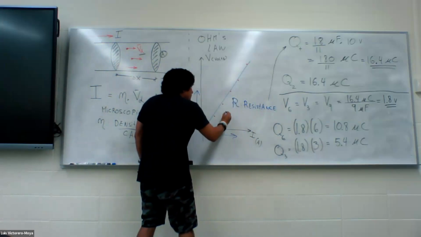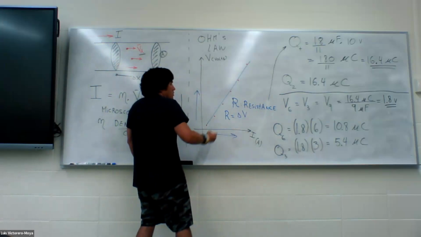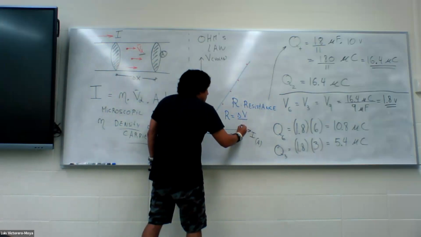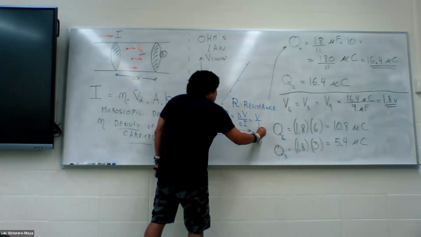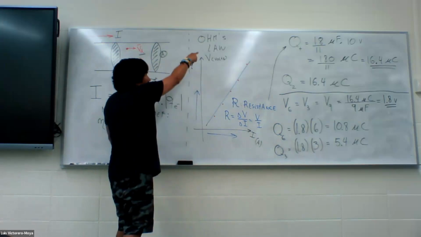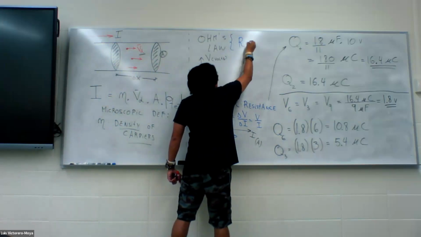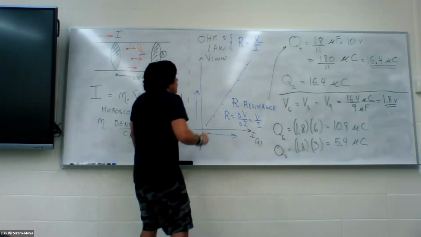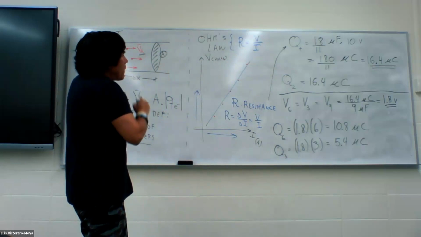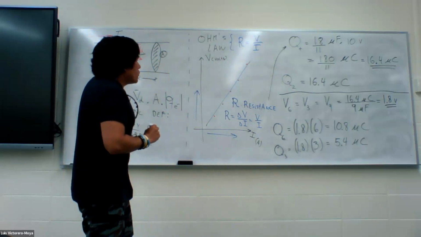The resistance is defined as the change of voltage, or V, divided by I. So V over I. That's Ohm's law. Right here, R equals V over I. Voltage over ampere, that will give you the units of ohms.